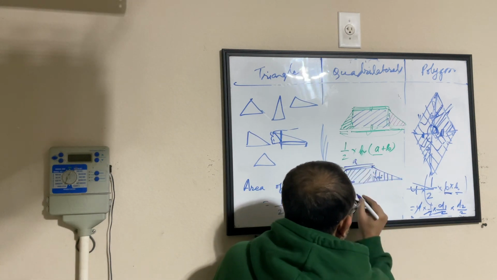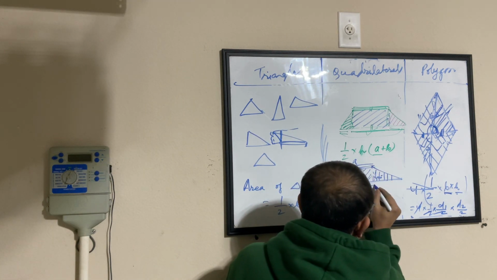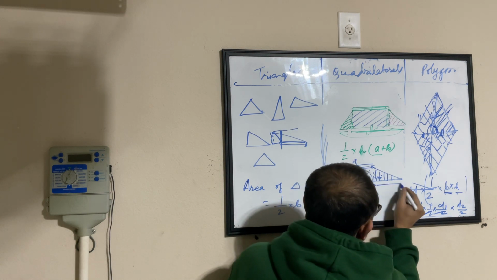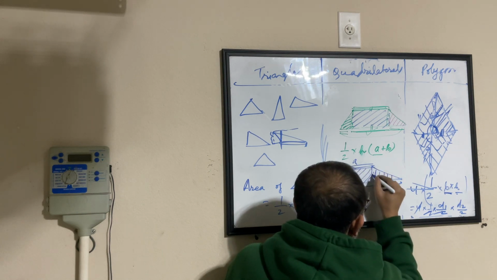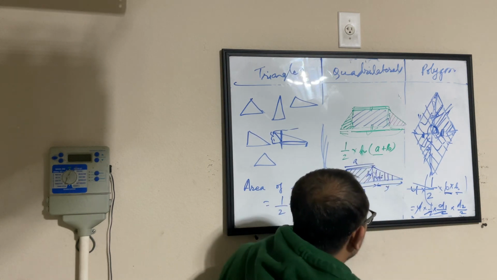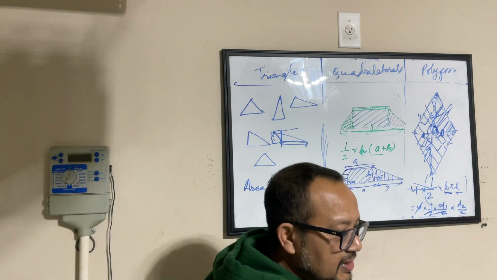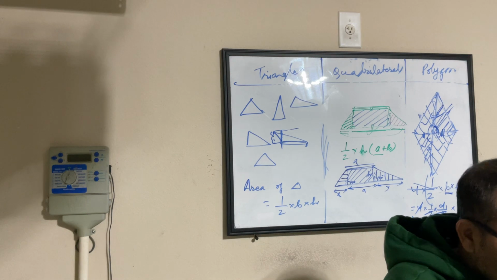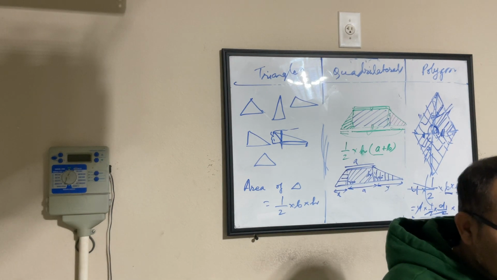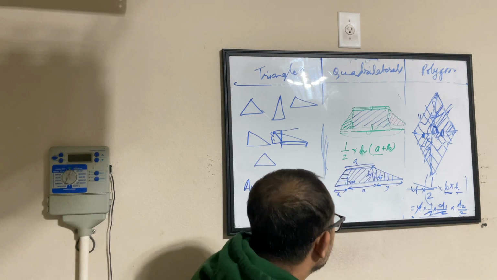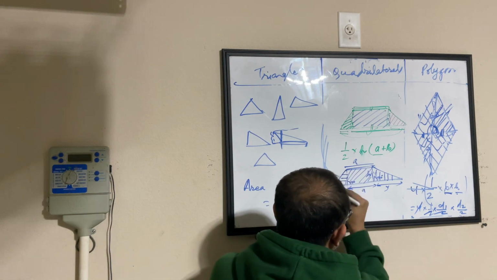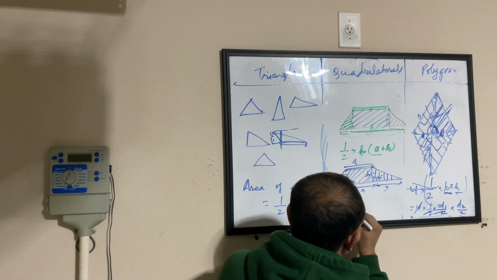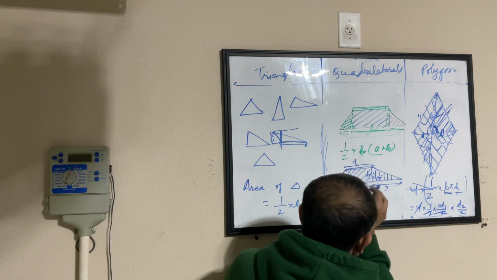Now look at this. This is A. When I dropped a perpendicular, this is also A, and let's say this is X, and this is Y, and here to here is H, the height, or the distance between the parallel lines. So here you will find the area of this right angle triangle, which will be half into X into this height H, plus this rectangle, which is length times width.